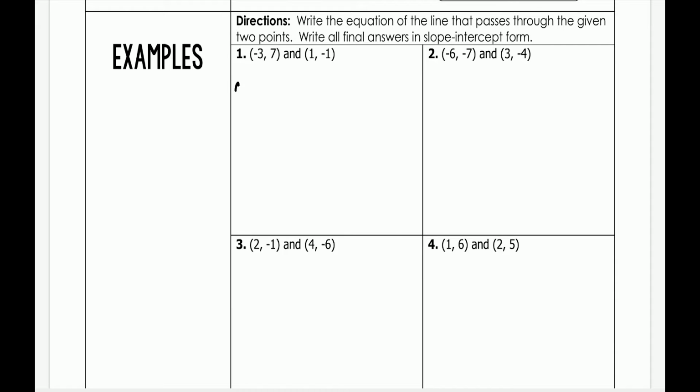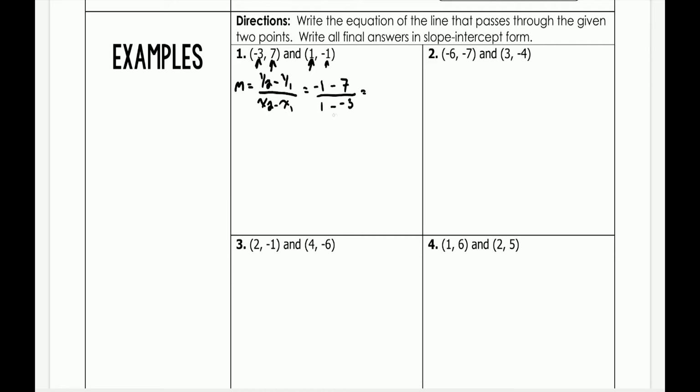We have m is equal to y2 minus y1 over x2 minus x1, in other words, the second y minus the first y over the second x minus the first x.